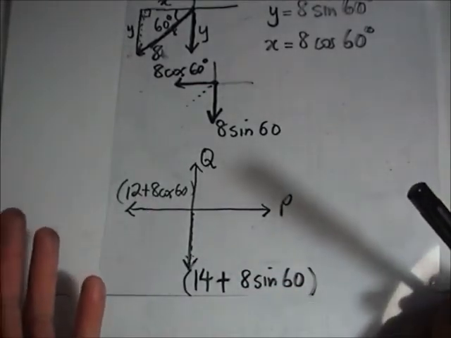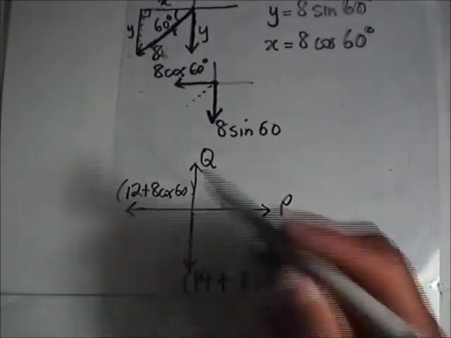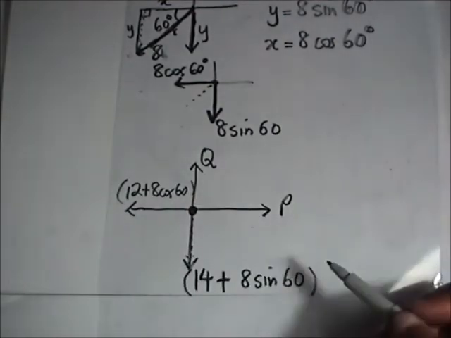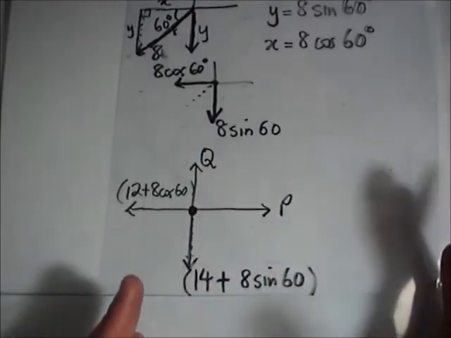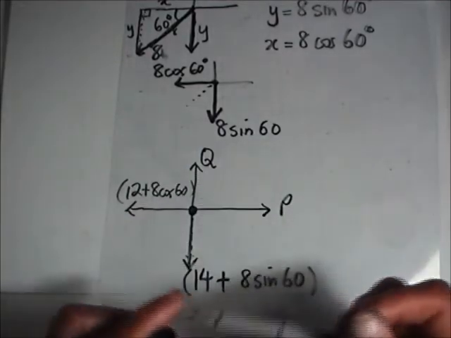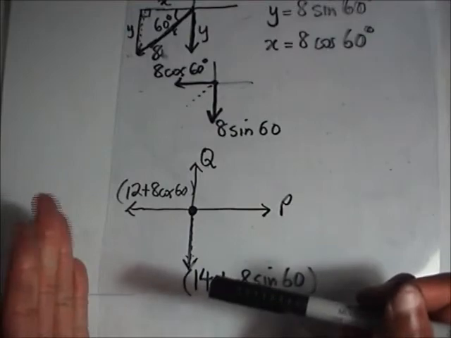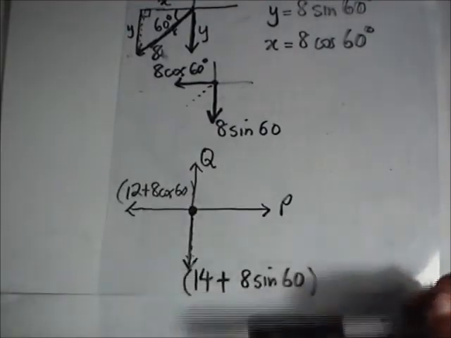Now it's just a matter of applying equilibrium. We're told in the question that the forces are in equilibrium. So what is pulling to the right is equal to what is pulling to the left. What is pulling upwards is equal to what is pulling downwards.